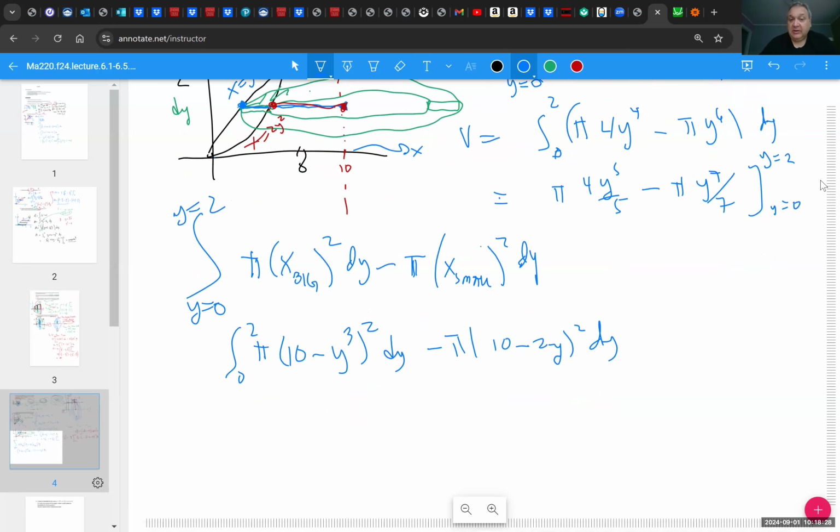Hopefully these examples are giving you an idea of how to approach it, how to draw it out. If it's a disk, it's just pi r squared times the thickness. If it's a washer, you have to subtract off the inside part. So pi big radius squared minus pi little radius squared, each of those being multiplied by the thickness, which is either dx or dy, depending on the direction you sliced the rectangle.